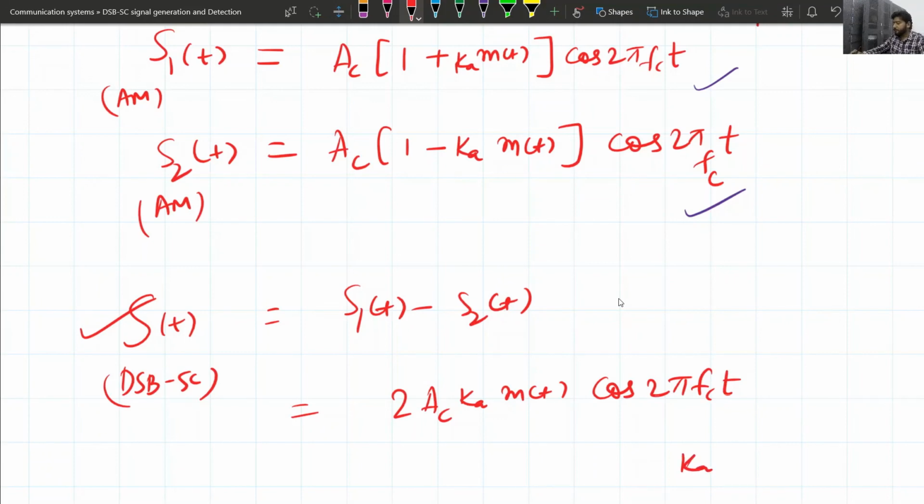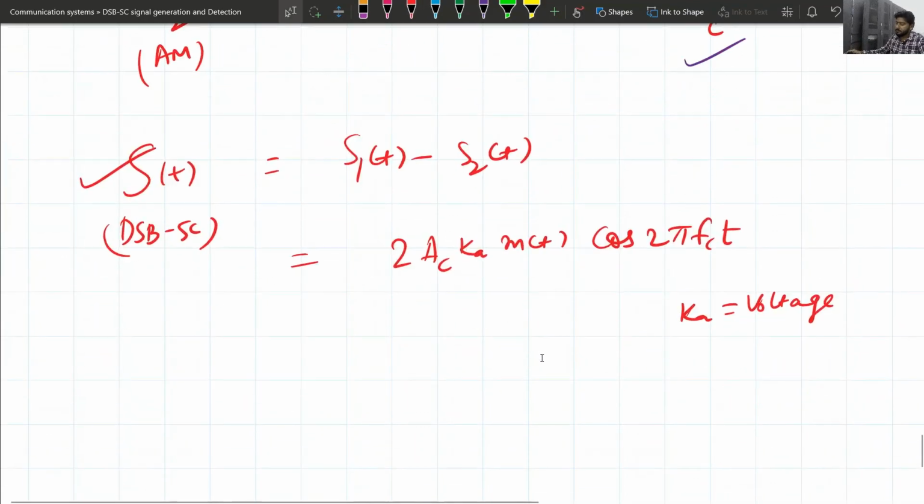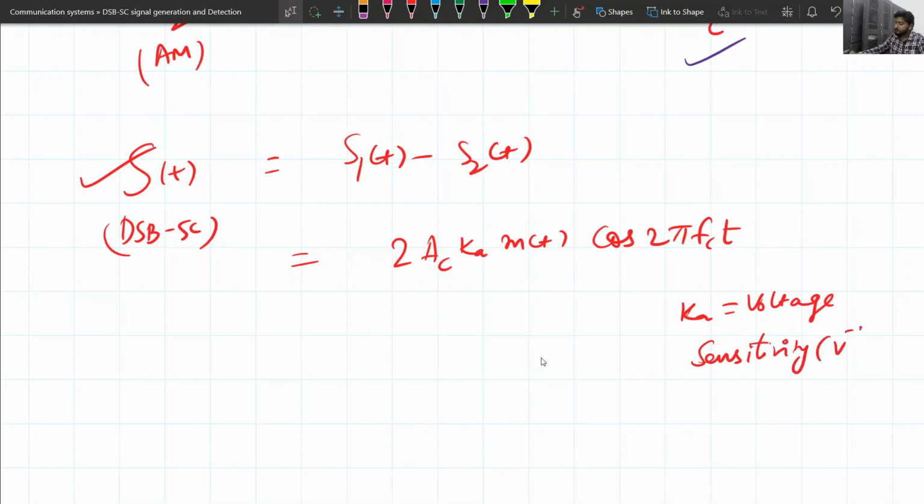Ka, as you know, we have already discussed, is the voltage sensitivity. Now we can see we have obtained a DSB-SC signal, which is simply the multiplication of the carrier wave with the message signal. This is the balanced modulation technique for the generation of the DSB-SC wave.